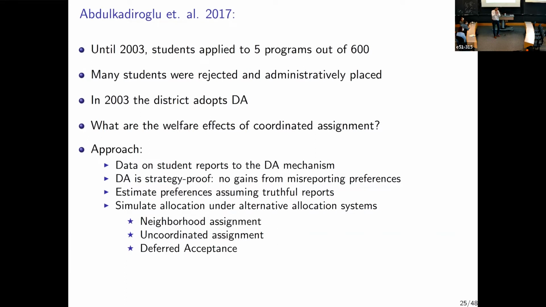But also you are able to identify, do people that rank this school first also rank this other school second, or tend to rank these other schools second? So by having second choices information, you can estimate richer demand systems. It's more information that you can use.